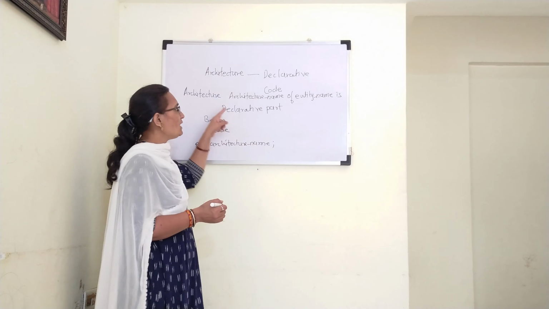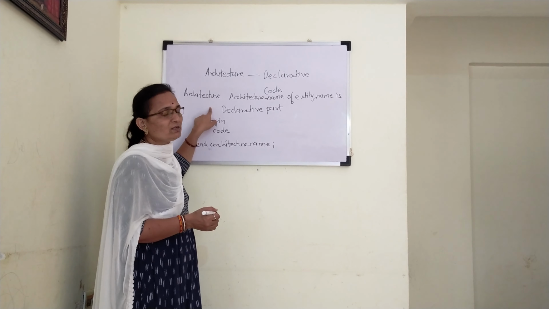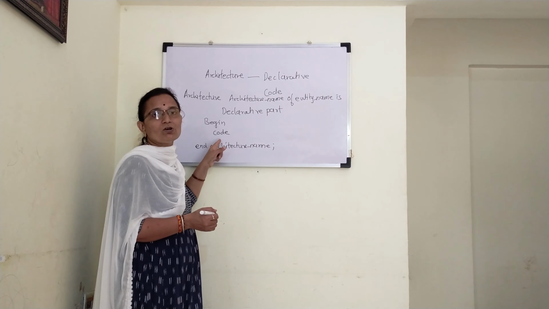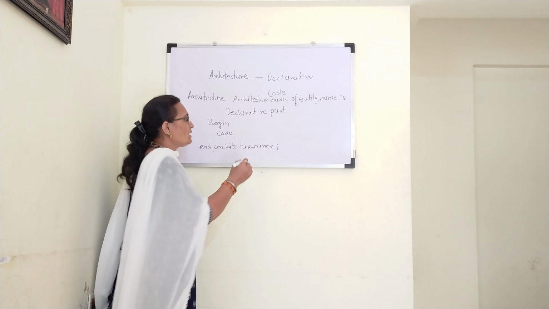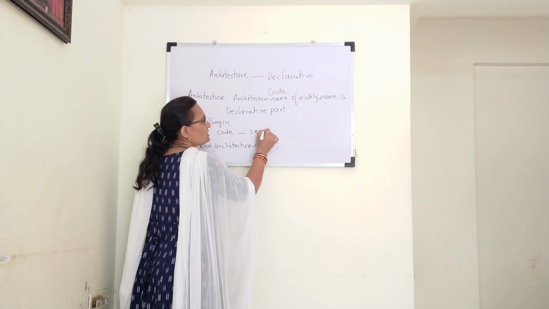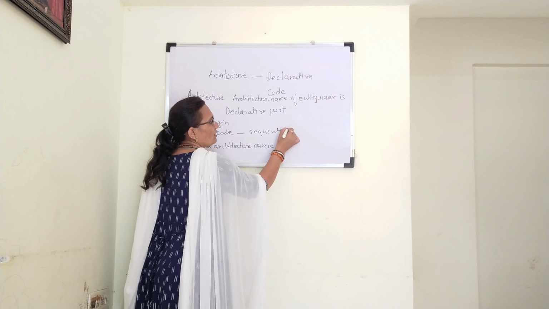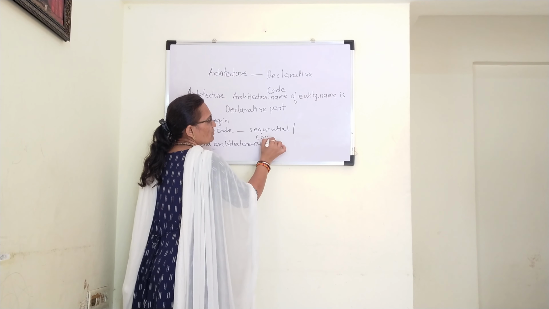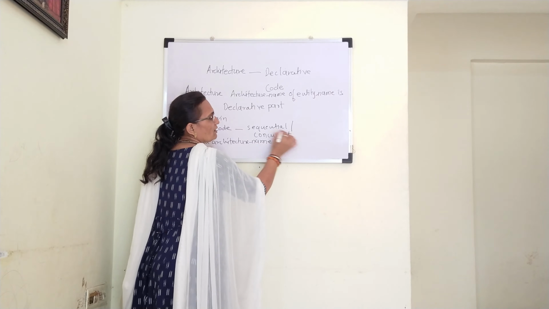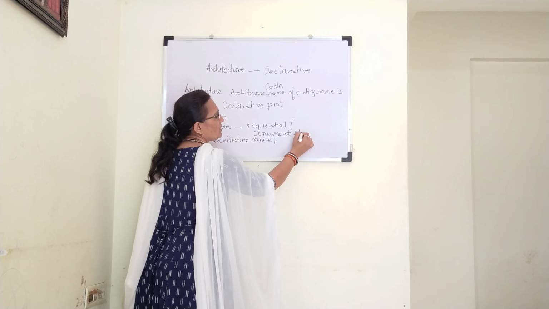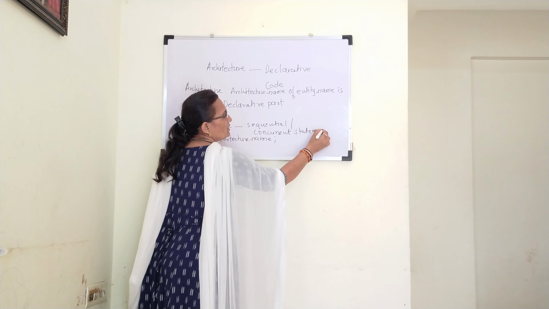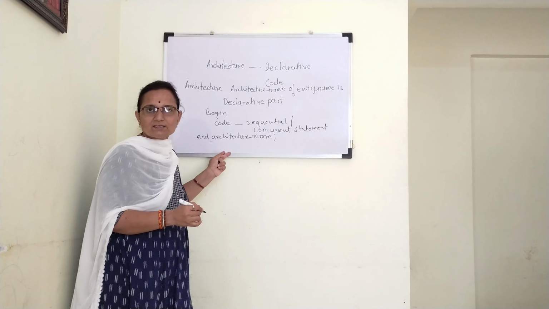That you can declare here. Any declaration. And begin, here you write your logic. Code means you can use any statement. Here we write a sequential statement or concurrent statement. Here we write the statements to mention the working of your system.